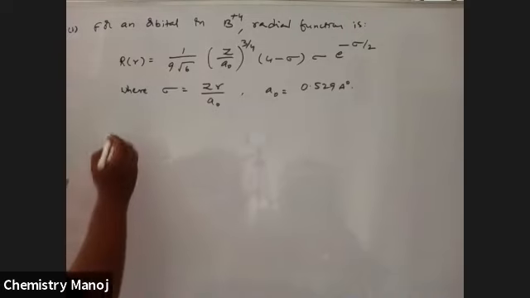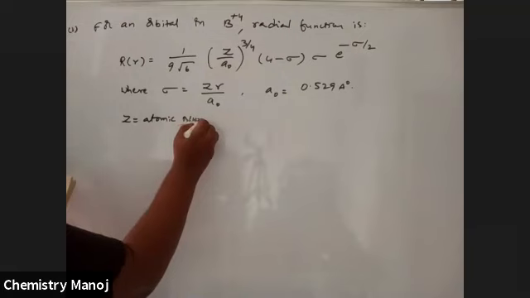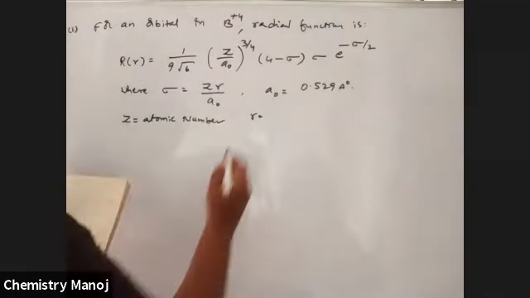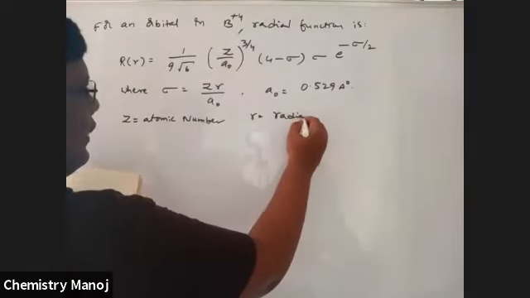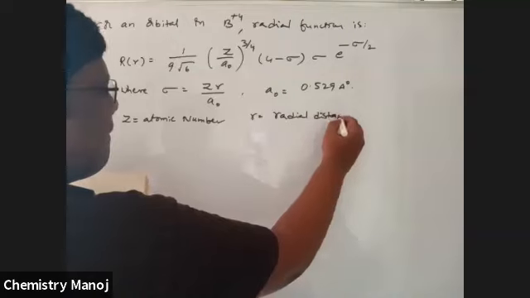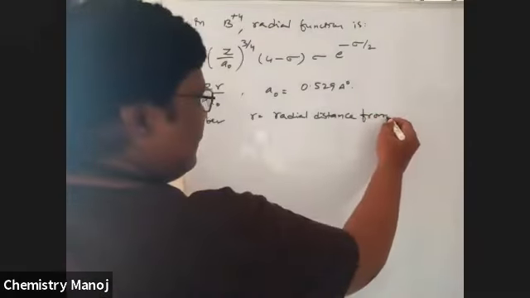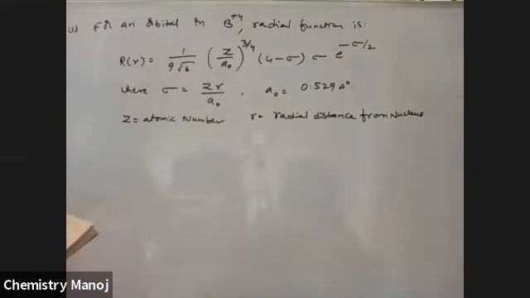Z is equal to atomic number, R is equal to radial distance from nucleus. These are the conditions given to you for that.